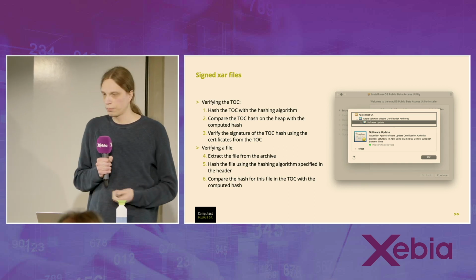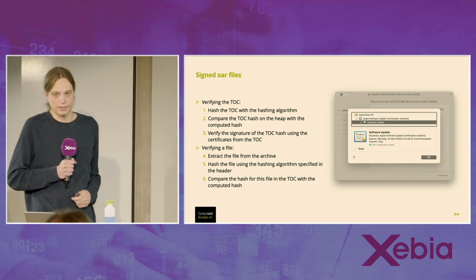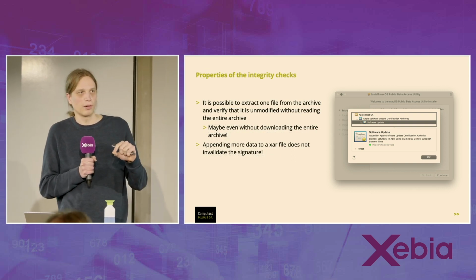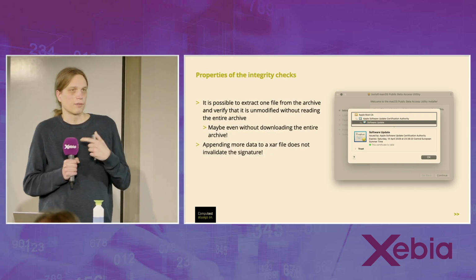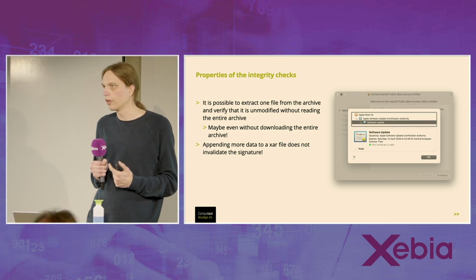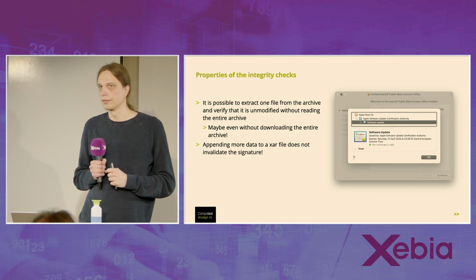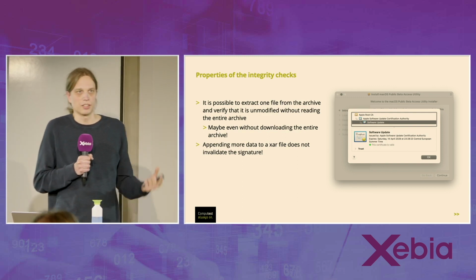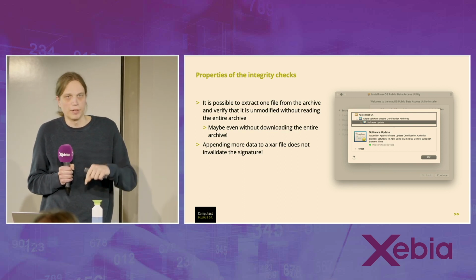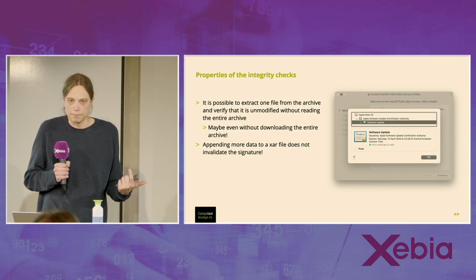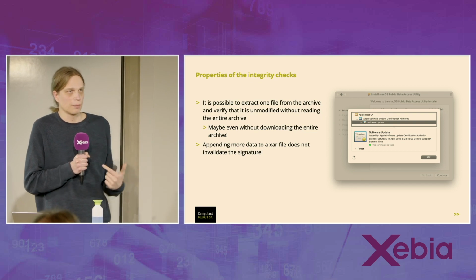There's some pretty interesting properties that this method has, because you can just extract a single file from the archive and verify that it is not modified and that it's still correct without reading the entire archive. So what you often see is that you can download a zip file and then you hash the zip file and you compare that hash. Now that's also a way of verifying that that zip file is correct.